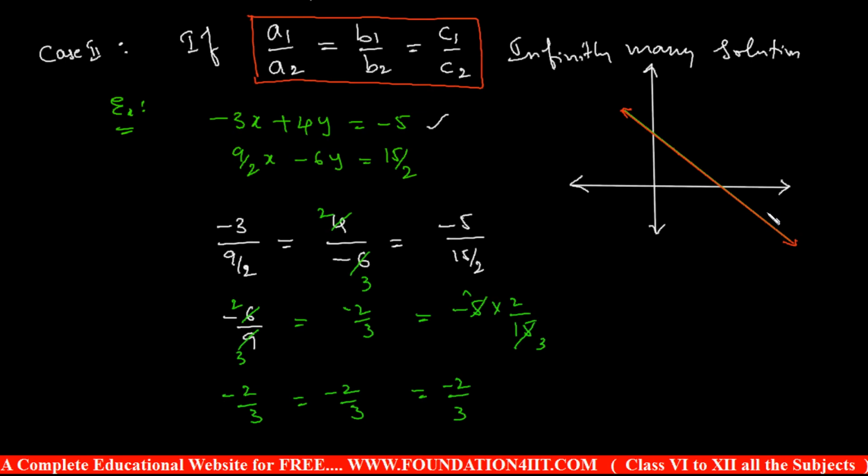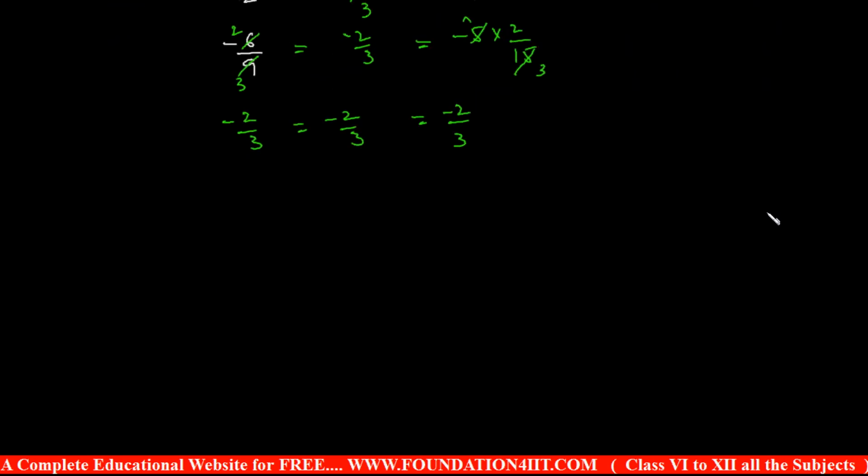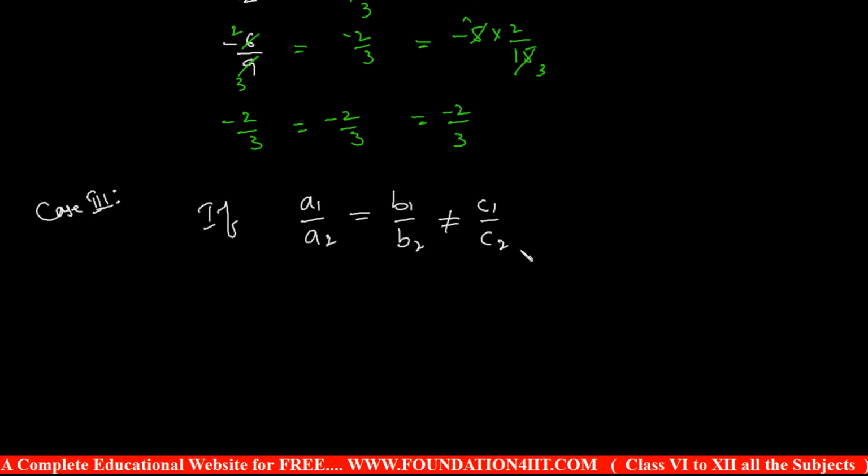And one more, case 3: there is a unique solution, infinitely many solutions, and the third one is no solution. In some cases, linear equations have no solution at all. That is only in the case a1/a2 = b1/b2 but not equal to c1/c2. In this type of case, the two lines are parallel.